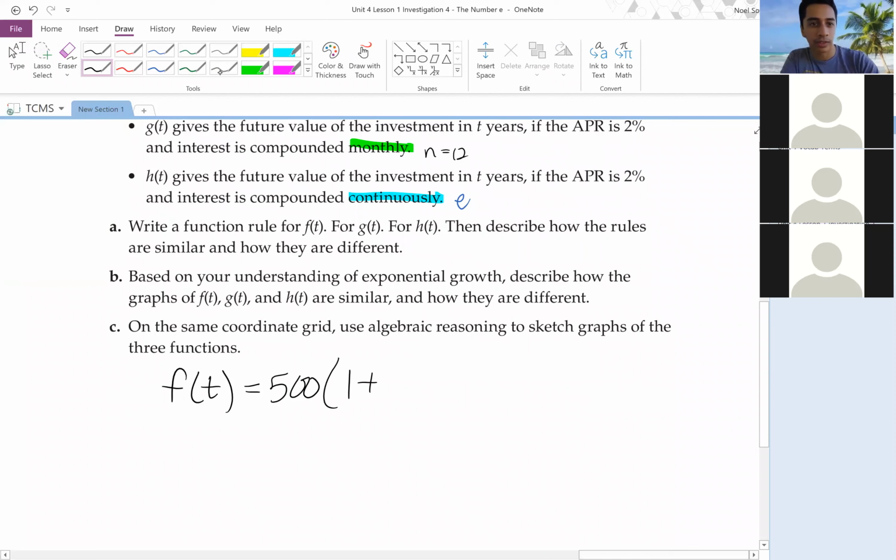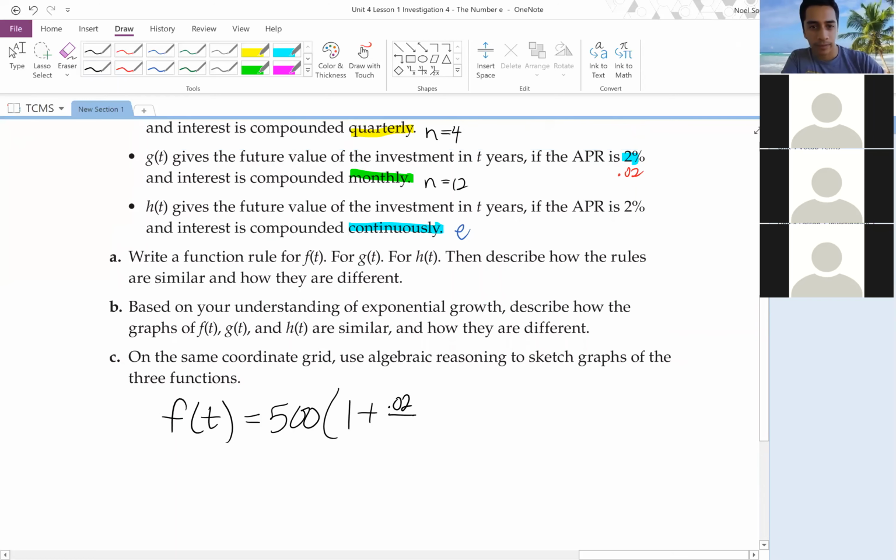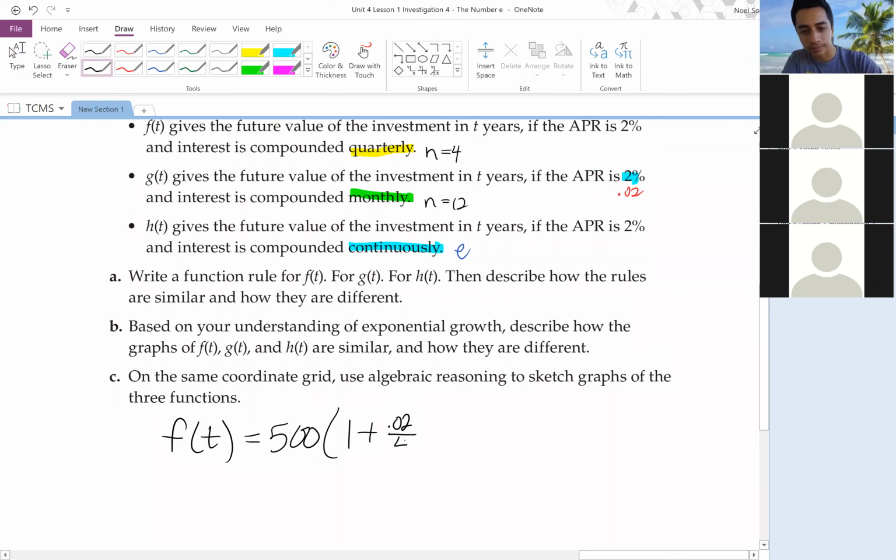Your rate is 2%, which we convert to a decimal, so that's 0.02. So we have 1 plus 0.02 all over the quarterly, which is 4, to the 4t. Okay, so that's F of t.